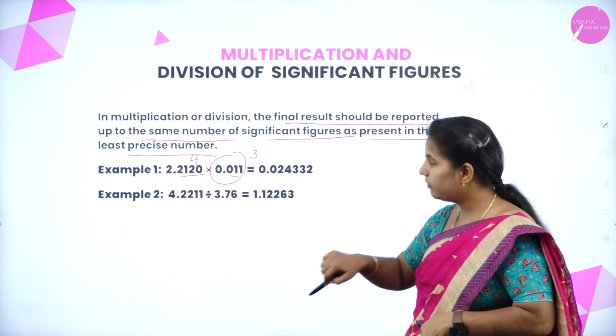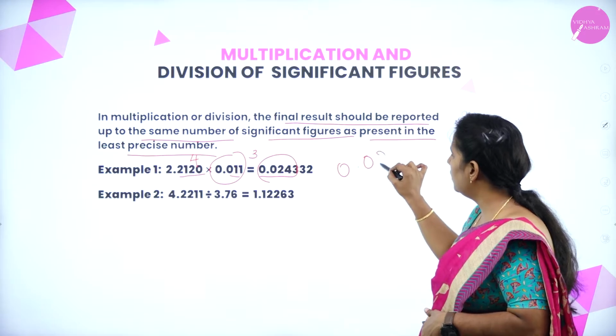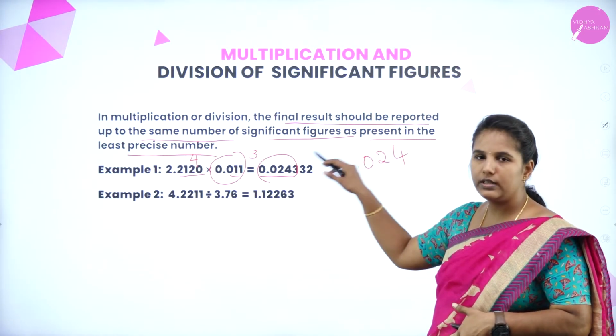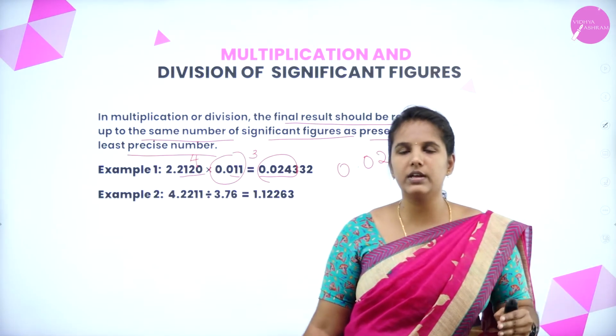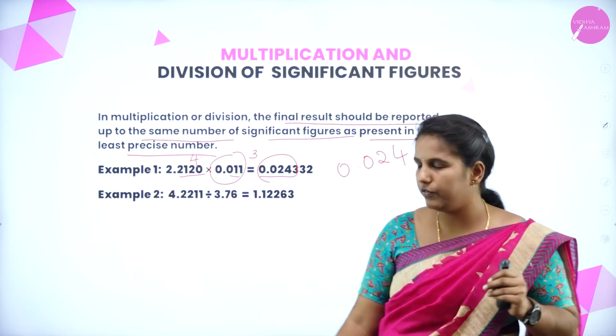But while reporting the result, we have to report it as 0.024, because the least number has only 3 significant figures, so the result should be reported to 3 significant figures.